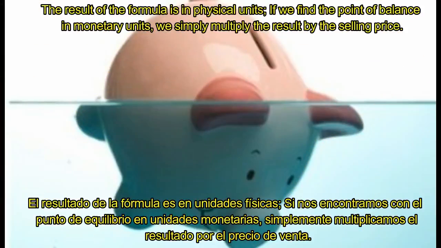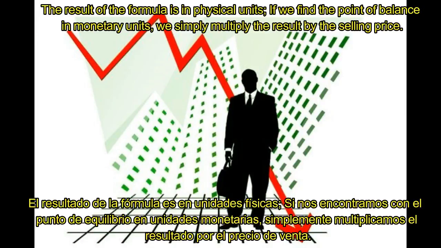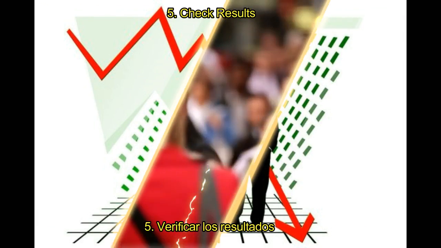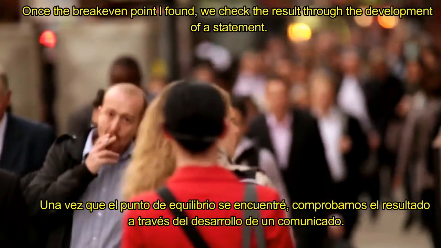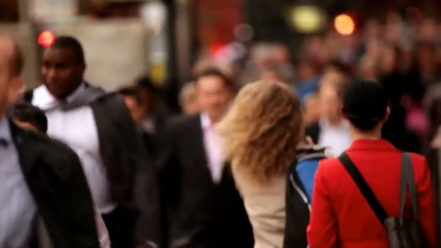The result of the formula is in physical units. If we want the break-even in monetary units, we simply multiply the result by the selling price. Step 5. Check results. Once the break-even point is found, we check the result through a test or experiment.